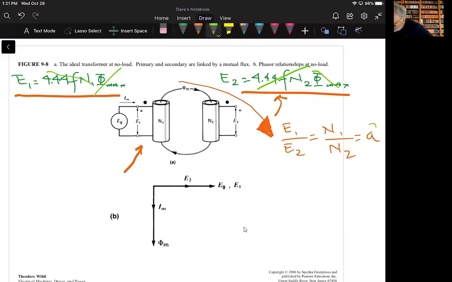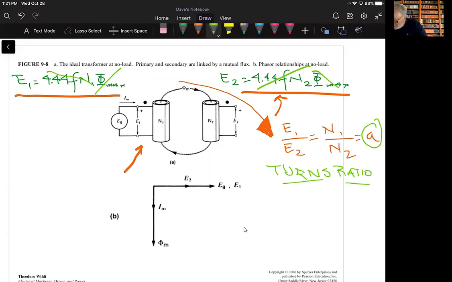Okay, and we give that relationship a particular designation, and we call that the turns ratio. It's the fundamental relationship that we look at when we're studying transformers.